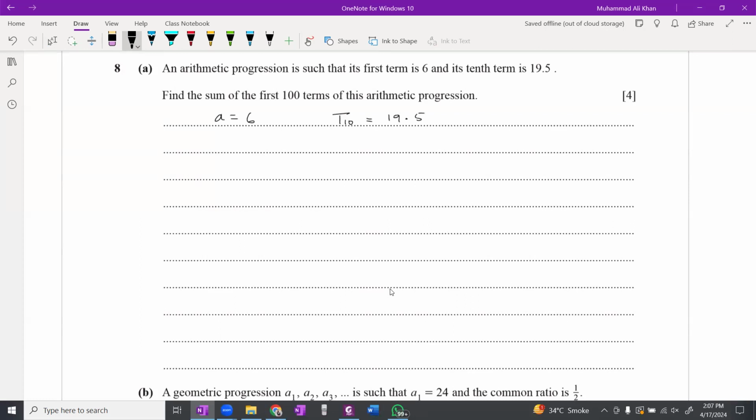So T10 is 19.5. So we can say that a plus (n minus 1), 10 minus 1, so 9d equals 19.5. And when a is 6, it will be 9d equals 19.5 minus 6. And according to this, the value of d is 3 upon 2.